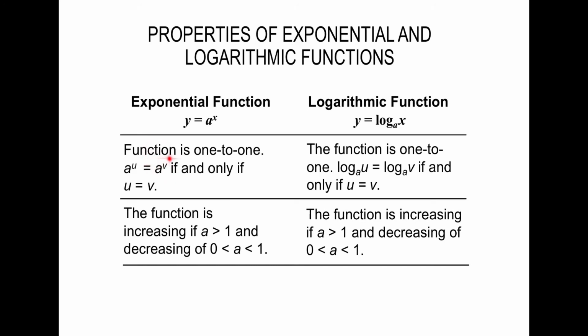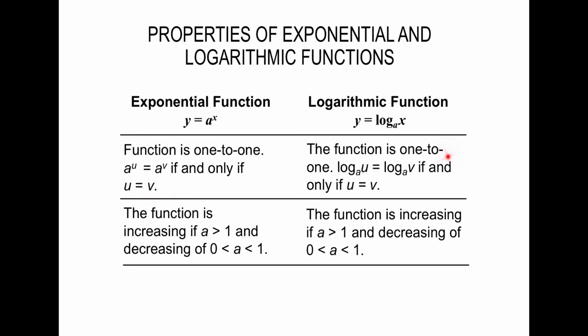Also, the exponential function is 1 to 1, meaning every x gives me 1 y, and every y has 1 x. So at any rate, if a to the u is equal to a to the v, that's only going to be true if u is equal to v.